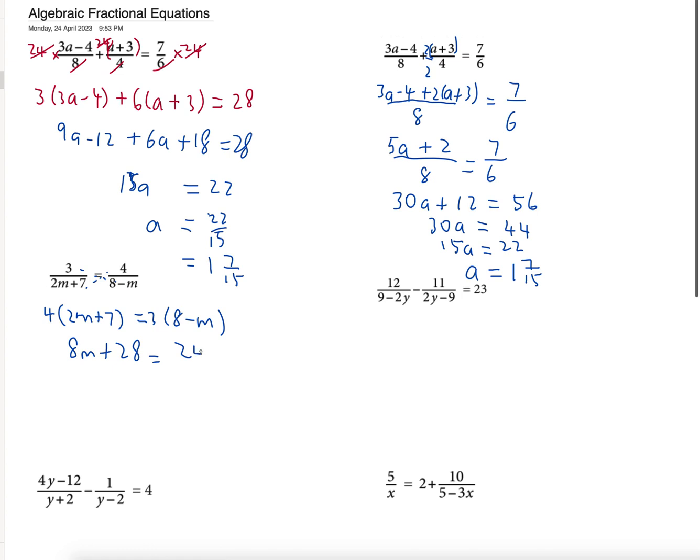We have 24 minus 3m, and here we add, and here we subtract, so we have negative 4, and m is negative 4 over 11.